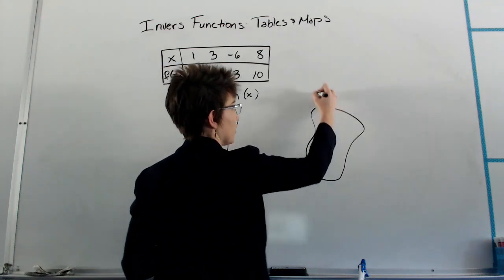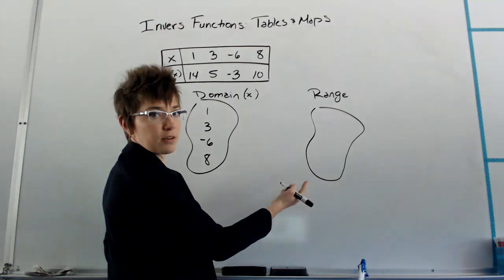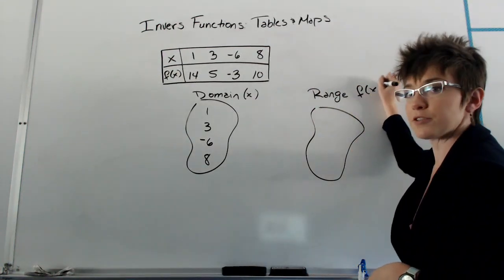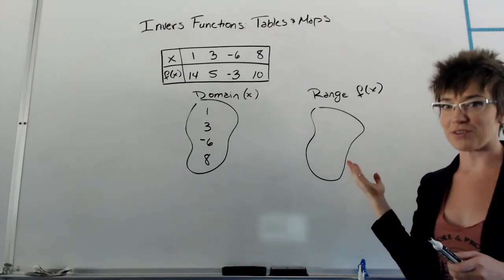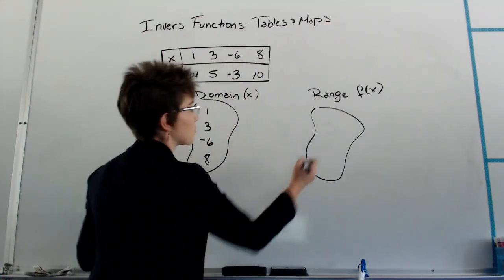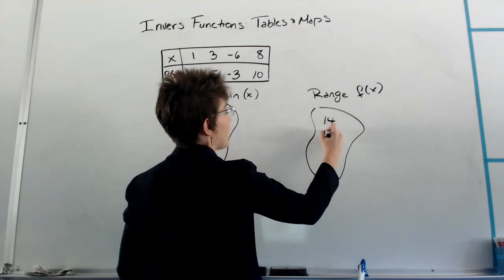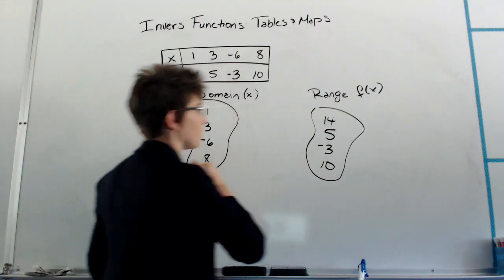Now over here, this is our range. These don't have to be squiggly shapes, but for some reason, math teachers always do that. Okay, so our range is all of our output values, which are like your f of x's, okay? And so then this would be all of the outputs, 14, 5, -3, and 10.